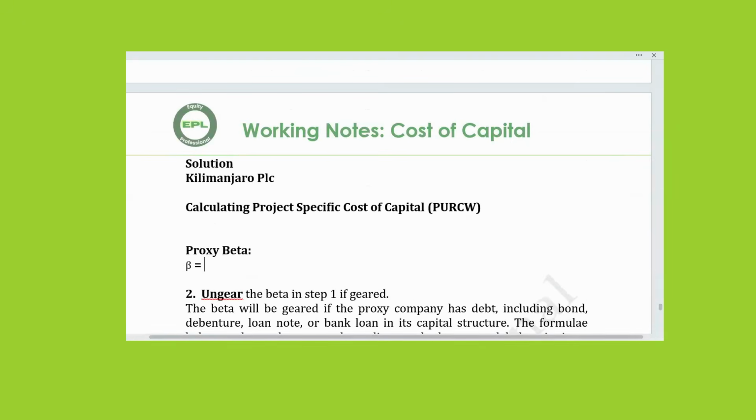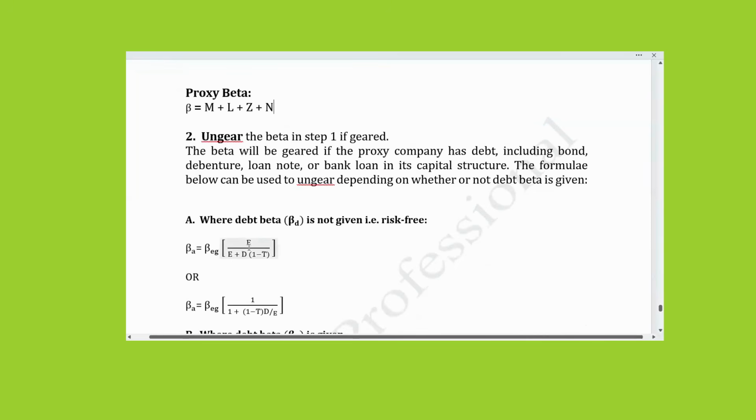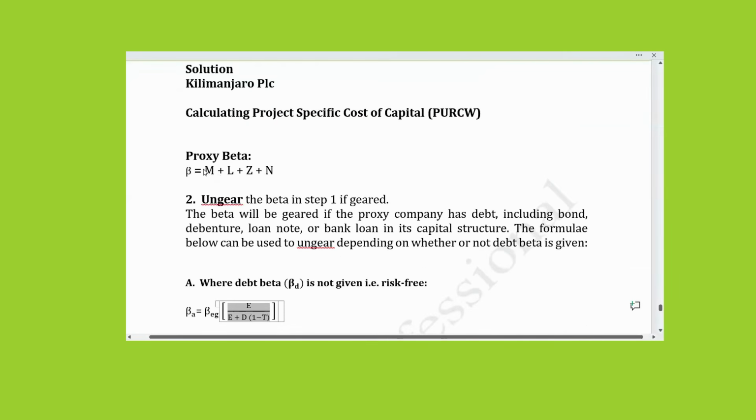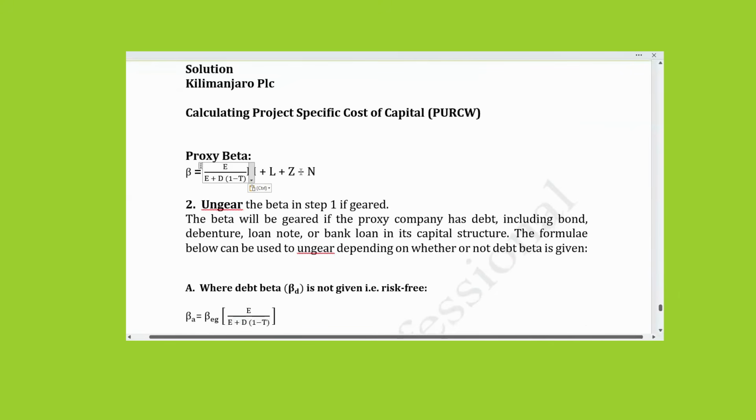Since we have 4 different proxy companies, we need beta of Mississippi plus beta of Limpopo plus beta of Zambezi plus beta of Nile. Then divide it by 4. All right, so that's all you need to do. It's as simple as that.